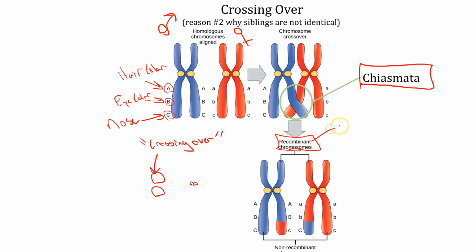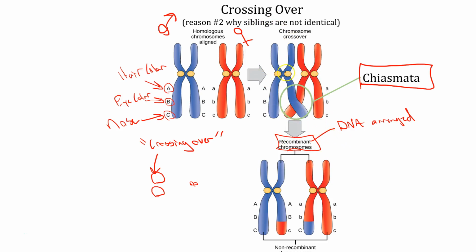This word recombinant means basically that DNA has been switched or rearranged somehow. That's the process of crossing over, and that's another reason why the gametes that are produced are genetically non-identical.